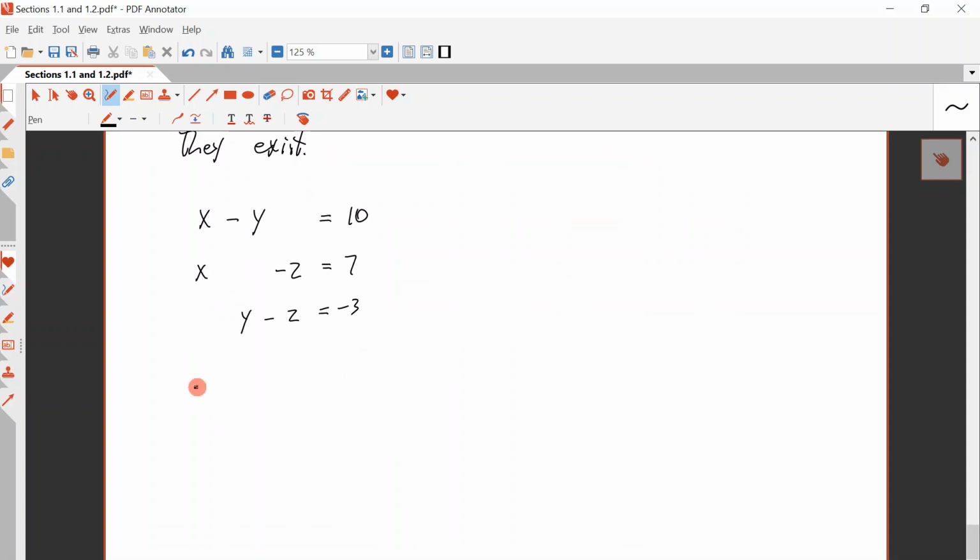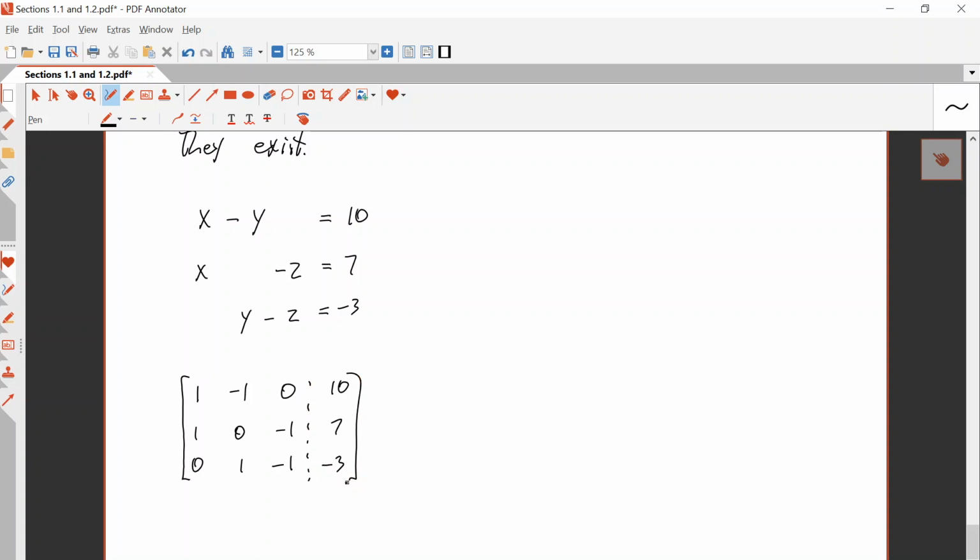So the matrix that goes along with this, the matrix of equations here: 1x minus 1y plus 0z equals 10. 1x plus 0y minus 1z equals 7. And then 0x plus 1y minus 1z equals minus 3.